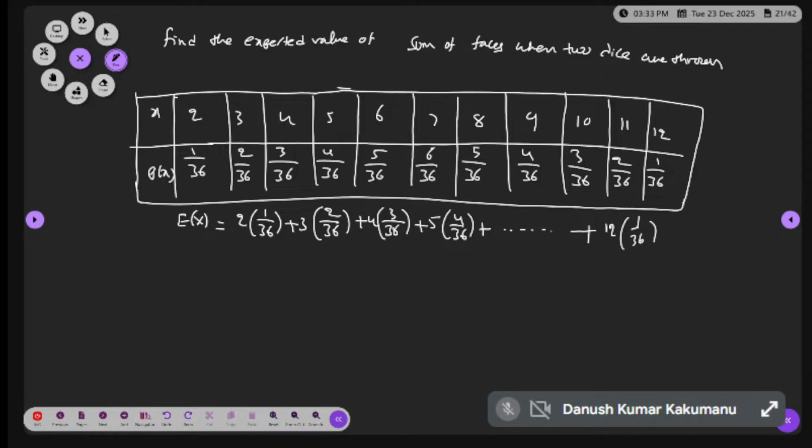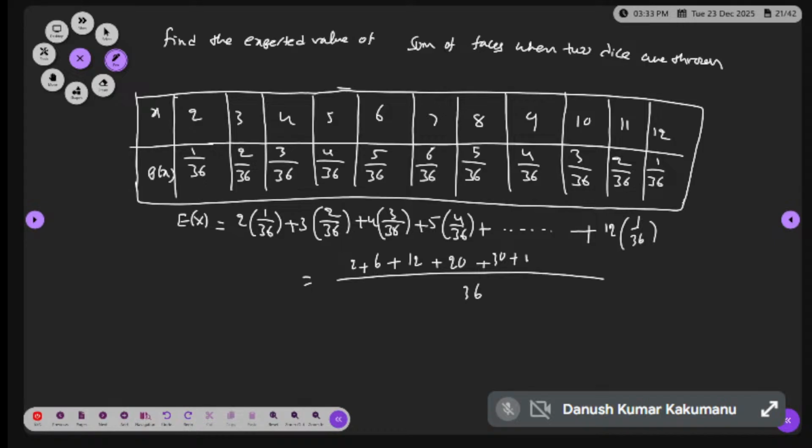All of you, what is the answer? Write all the terms. What is common in all of them? 36 is common, the LCM. What is the result you will get here? 2, then 6 and 12, that's 20. Next is 6 into 5, 30.